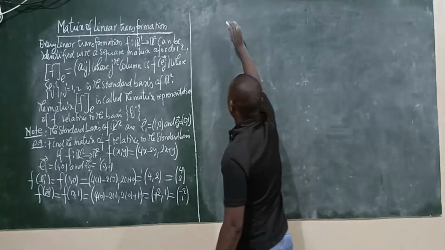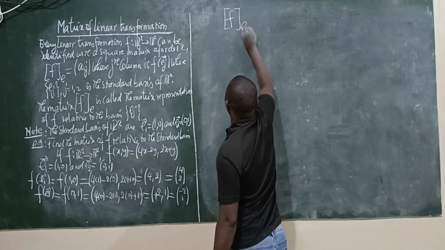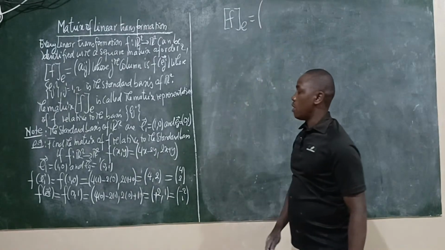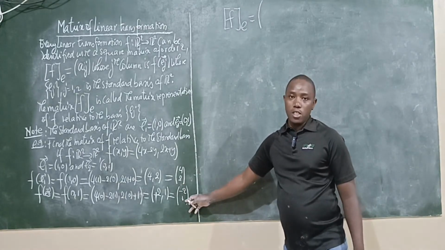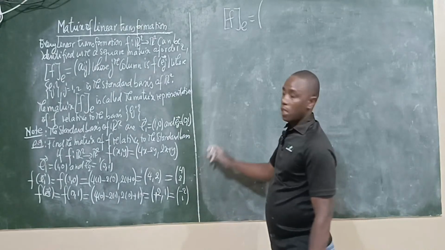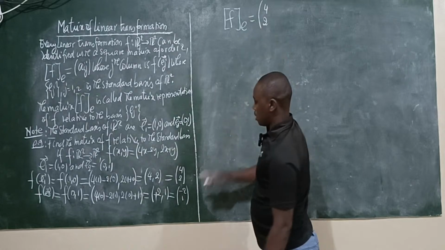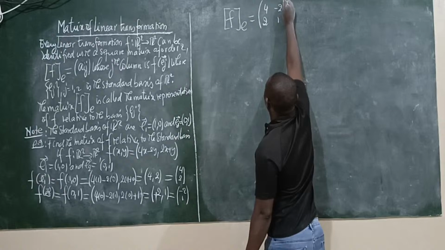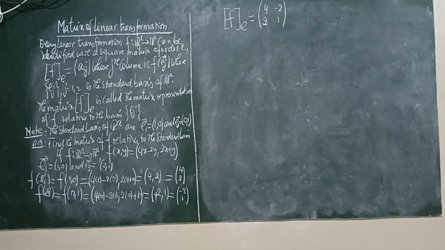So the matrix representation of f relative to the basis must be, there must be 2. This is the first column while this is the second column, guys. Here is for 2, the second column must be this. Here is -2, 1. That is the matrix representation of f relative to the basis.